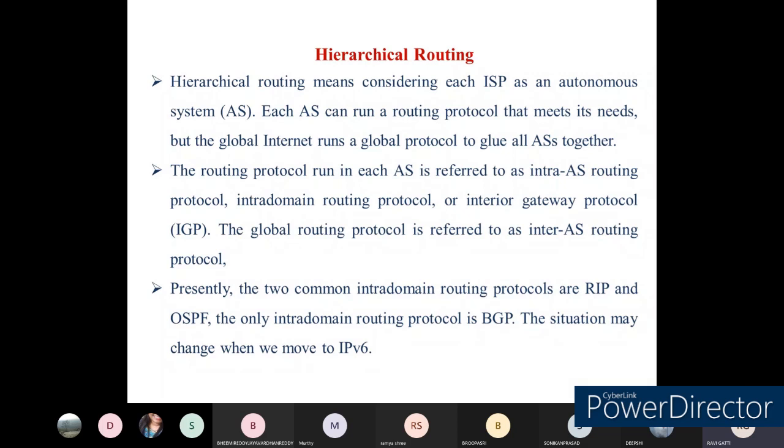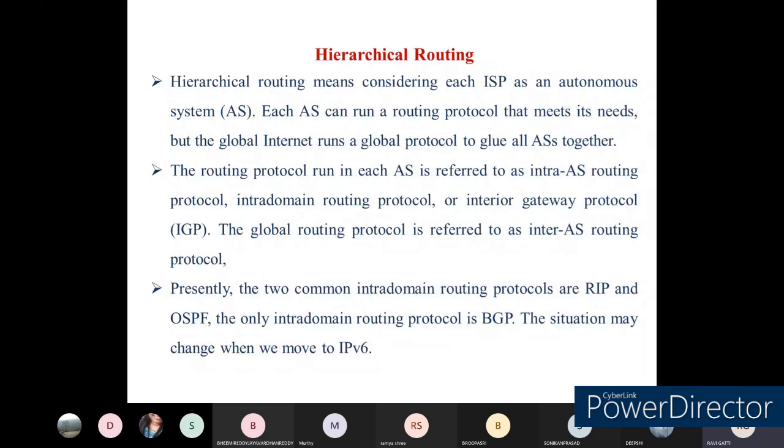In this hierarchical routing algorithm, each internet service provider is called an autonomous system. Each autonomous system will run its own unique routing protocol.